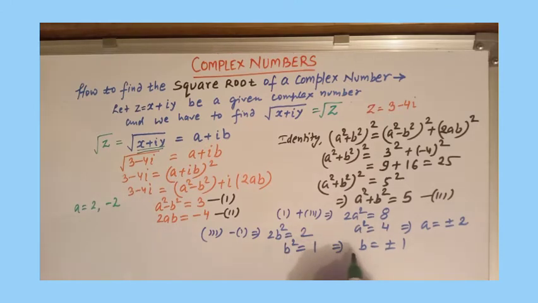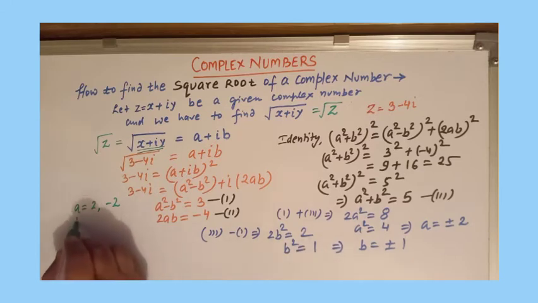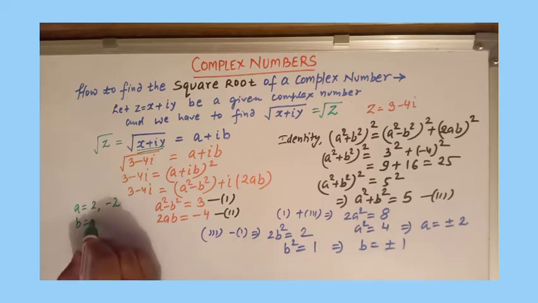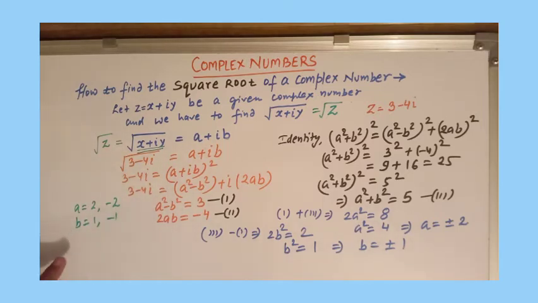And the value of b as 1 and minus 1. Now if we see equation 2, we have 2ab is equal to minus 4.